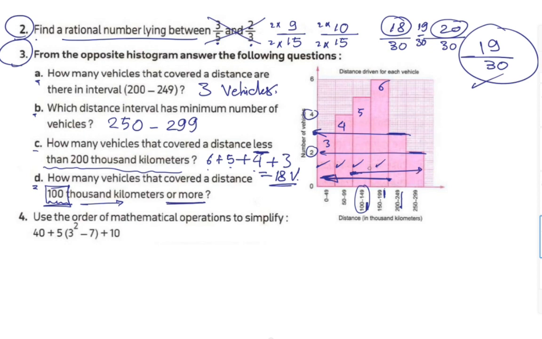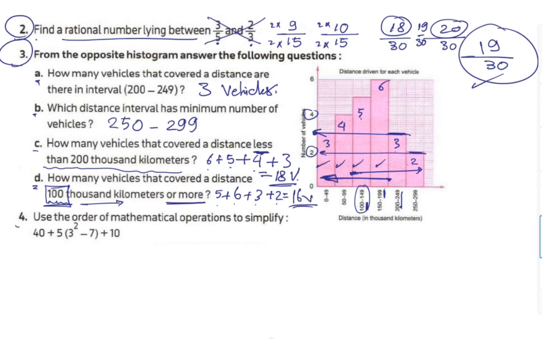So I will add this 5, 6, and here we have 3. This interval has 2. 5 plus 6 plus 3 plus 2. That's equal to what? 5 plus 6 equals 11. 11 plus 3 equals 14, plus 2 equals 16 vehicles.